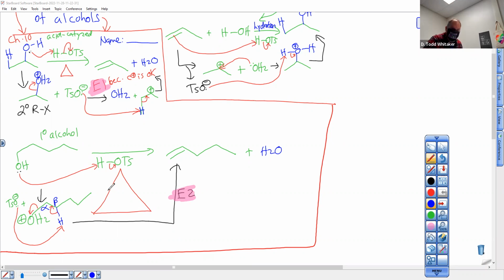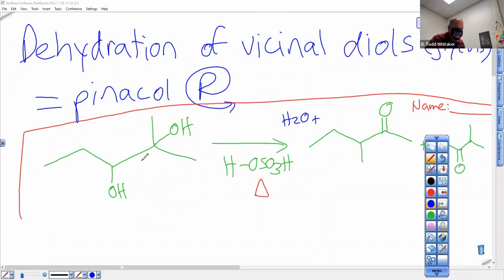So using that information from a previous mechanism, tell me which of these alcohols will dehydrate faster. The one on the right, which can give a nice tertiary carbocation. So I want your mechanism to reflect this knowledge that you just reflected to me verbally. You better be dehydrating the one on the right faster than the one on the left.